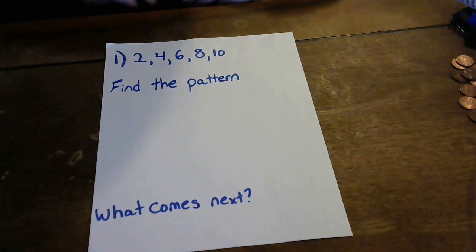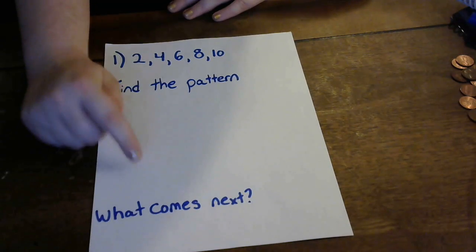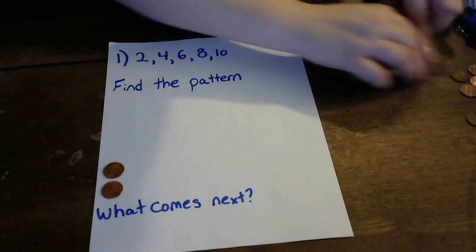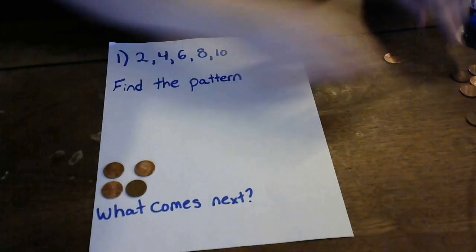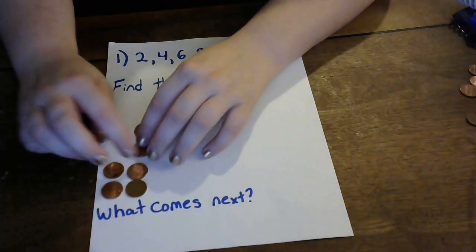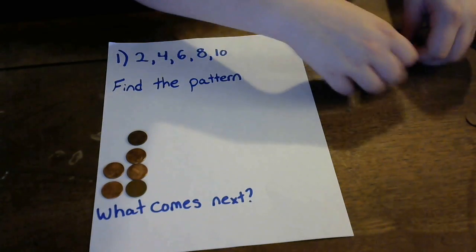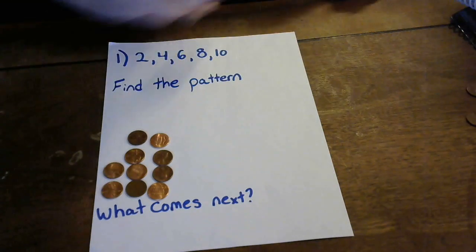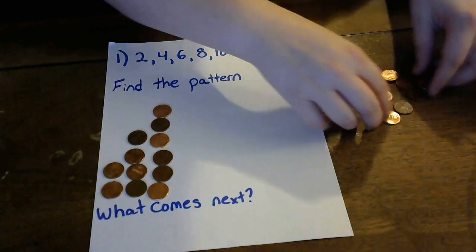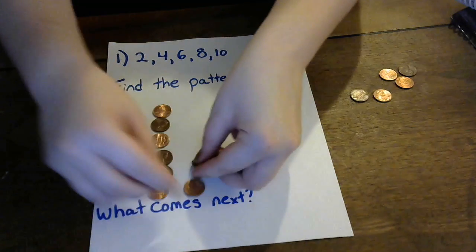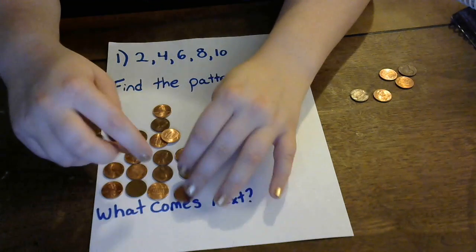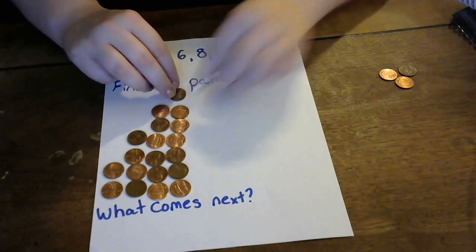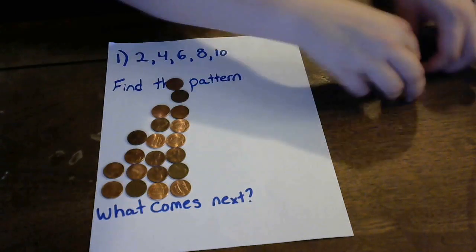So we're going to start by lining up the pennies, 2, 4, 6, 8, 10.